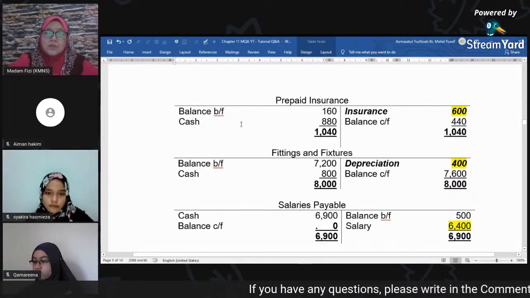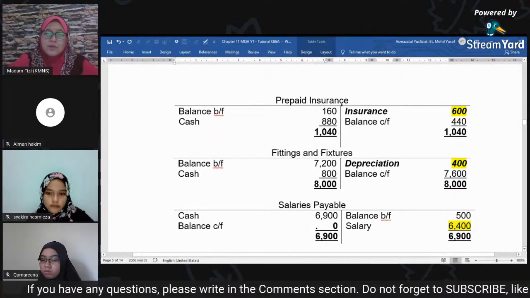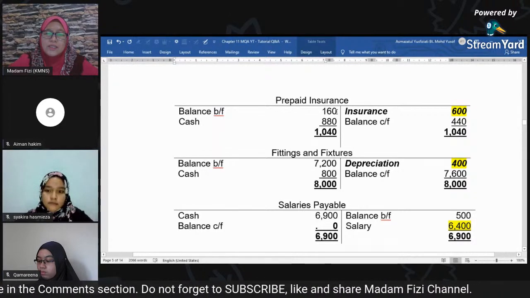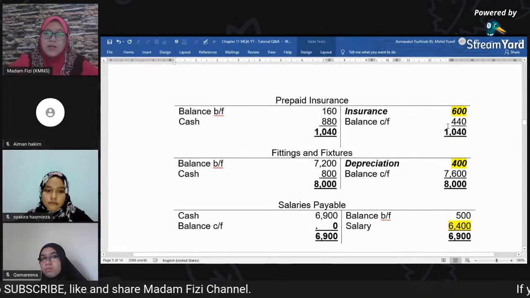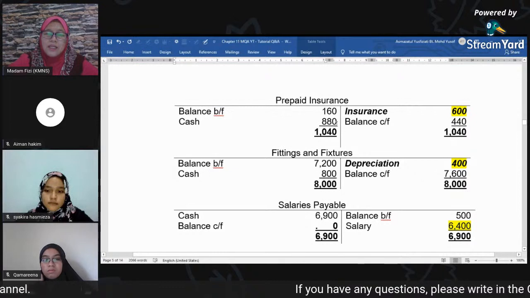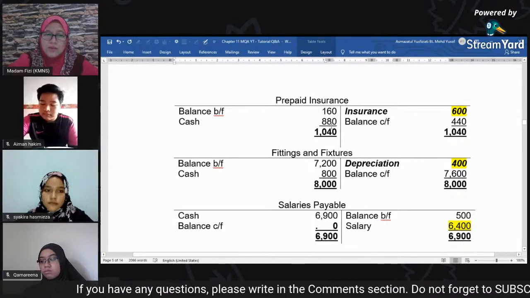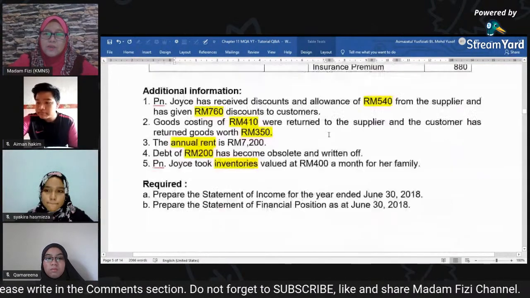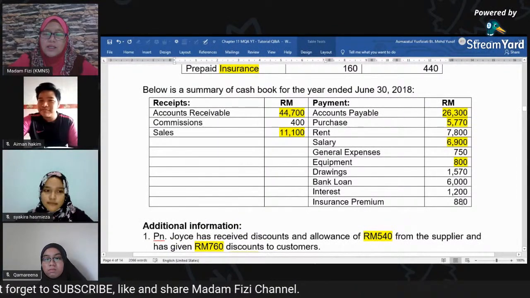Okay, so you make a T account for insurance. First of all, you put the balance brought forward 160 and the balance carry forward at the credit side 440. Then it has cash. Do we receive cash or we pay? Okay. You look at the question again. The insurance premium we have paid 880.